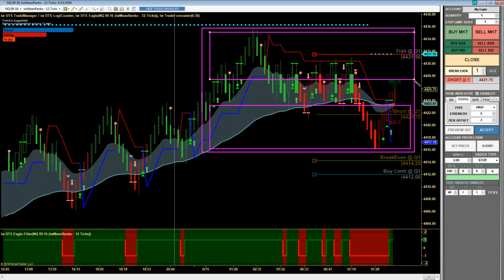Sellers are likely to sell the top half of the range, top third. So as a seller, you don't want to be selling the bottom end of the range, and as a buyer, you don't want to be buying the top end, because you're just going to be buying into all that selling or selling into all that buying.